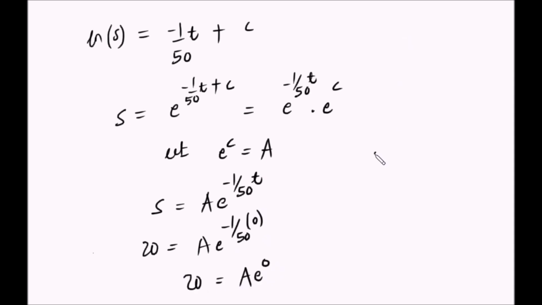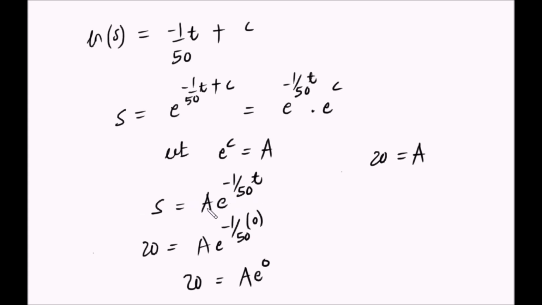E power 0 ni 1, kwa hiyo 20 ni sawa na A. Kwa hiyo formula yetu sasa inakuwa S ni sawa na A e power negative t over 50. Hiyo hapo. So kwenye A tumeweka 20.